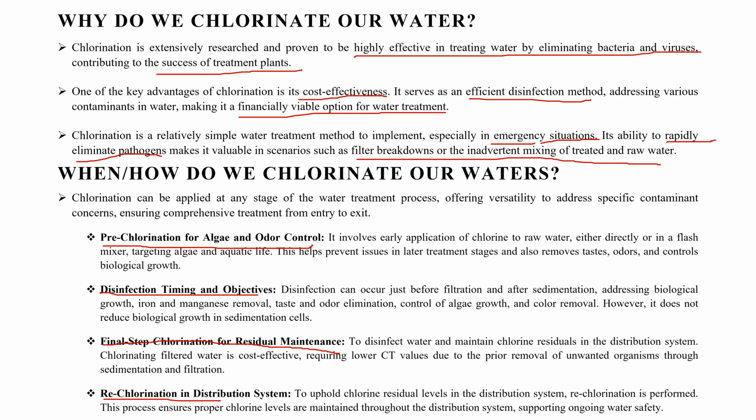The water that has been supplied to our homes has been cleaned, but to ensure that no microorganisms are present in the pipes, or to kill any pathogens or microorganisms present in the pipes, chlorine is added. That is rechlorination in the distribution system.